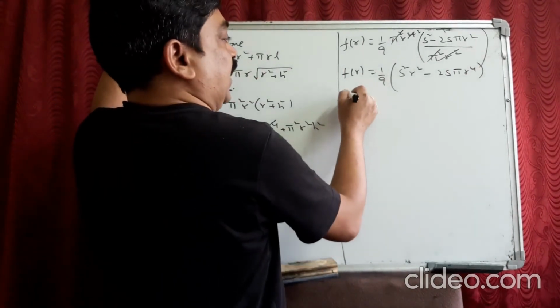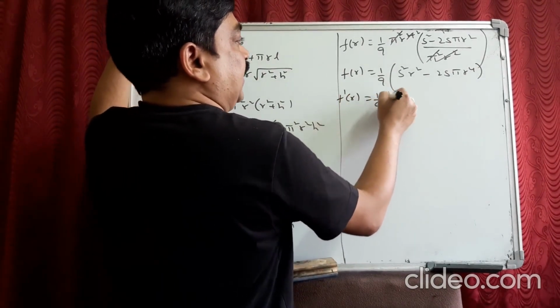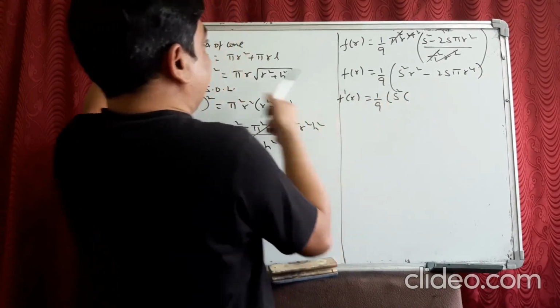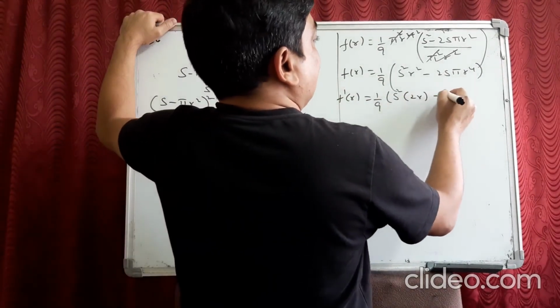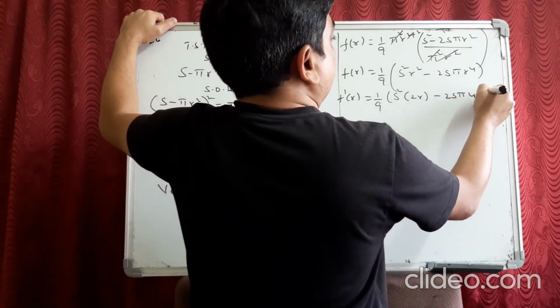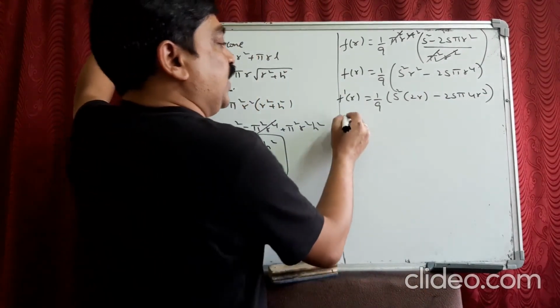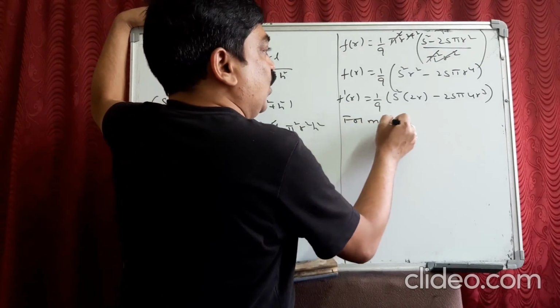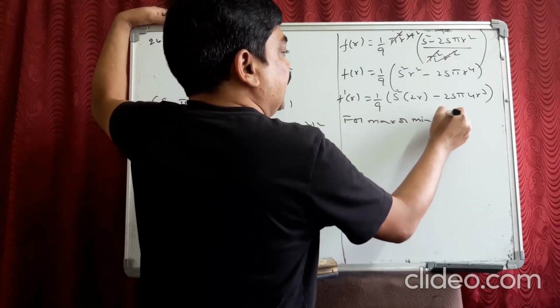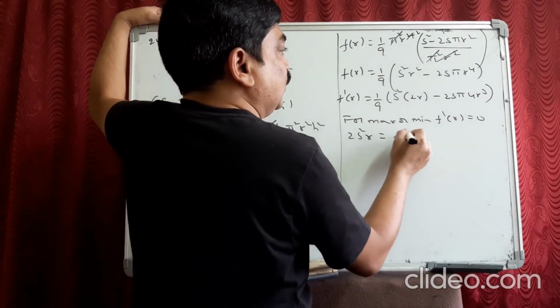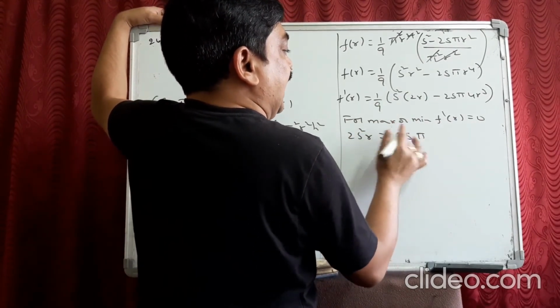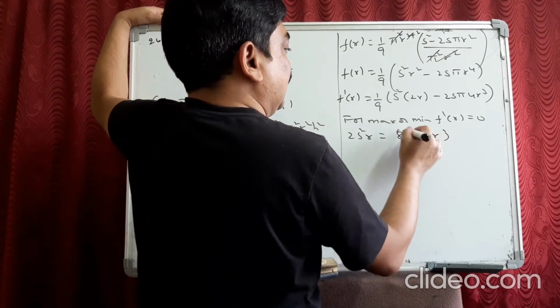Now f dash of r is 1 by 9, s square constant, because it is given. Given is always constant, guys. 2r s square minus 2s pi 4r cube. For maximum or minimum, f dash of r is 0. So it becomes 2s square r is equal to 8s pi r cube.